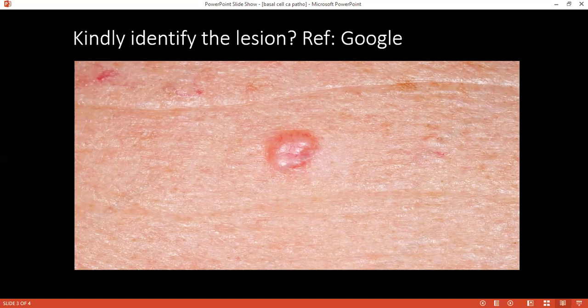Sebaceous, apocrine origin of it, if you can tell. Is it epithelial or germinal? No, it is of epithelial origin. All right.